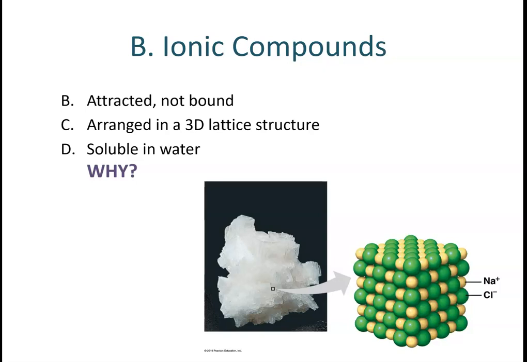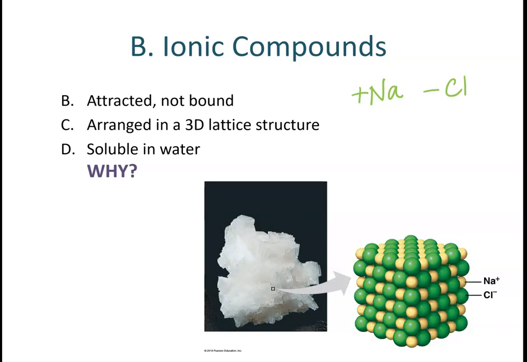Those 2 hydrogens, or the oxygen and 2 hydrogens, are stuck to one another. They're not going to come apart very easily. But in ionic compounds, they're actually attracted to one another. So that positively charged sodium is attracted to the negatively charged chlorine. They're not stuck together. They're just sort of hanging out.